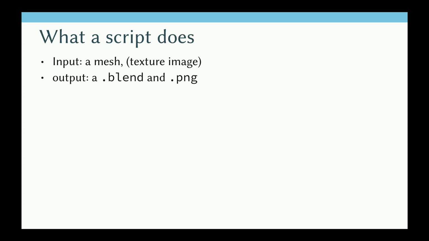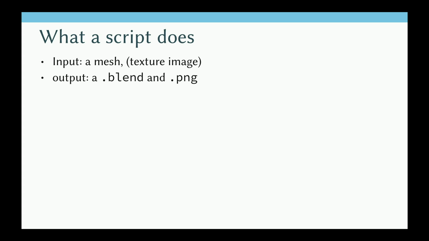For each script, basically the input is a mesh, and probably some other information, for example the texture image of the shape, and then this Blender script will output a .blend file and a .png file. The .blend file can be opened using the Blender software, so you can tweak some parameters in the UI.